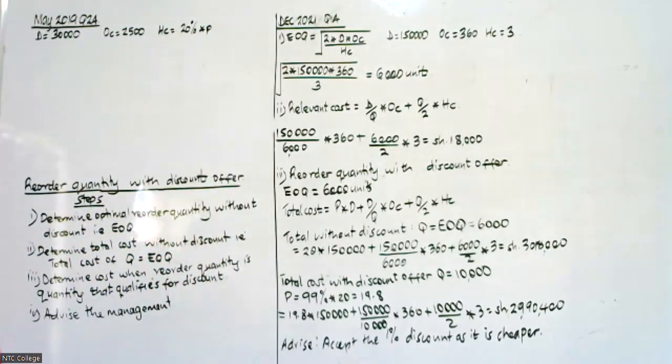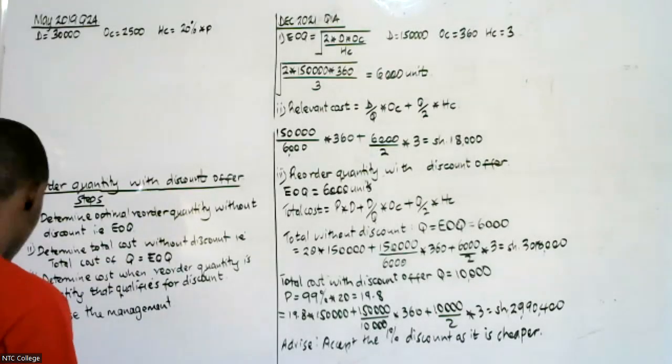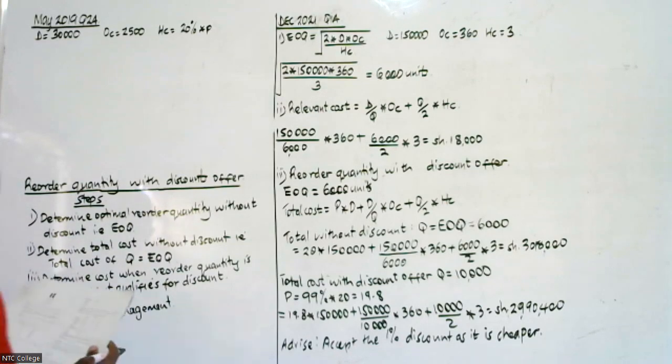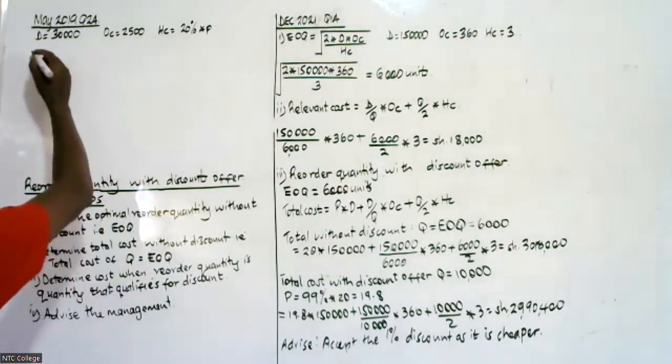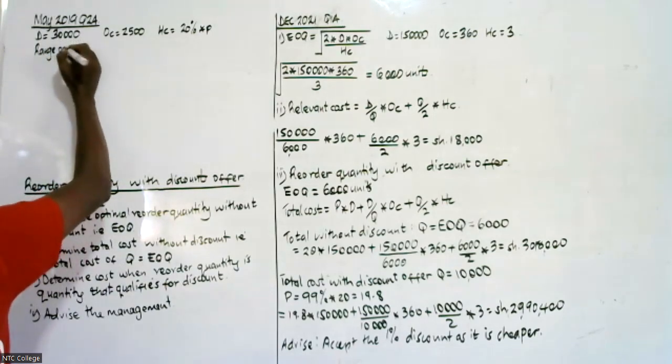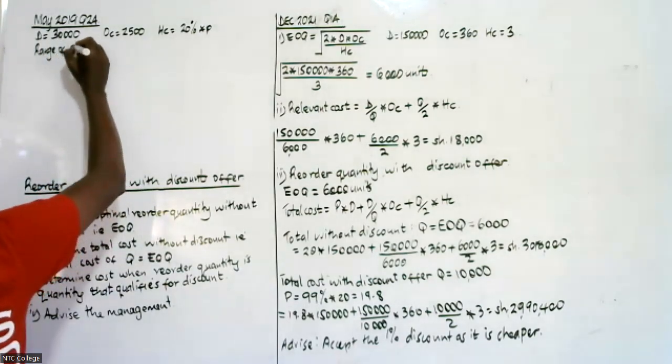So we have different ranges of quantities. So step number one, determine EOQ. So we have your range of quantities.